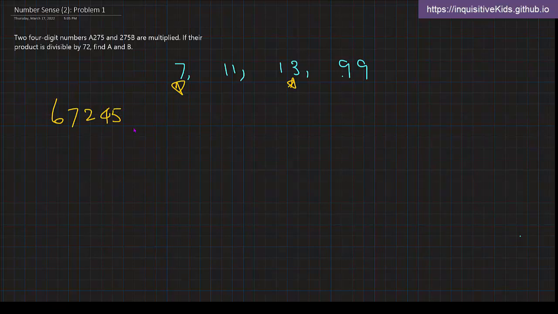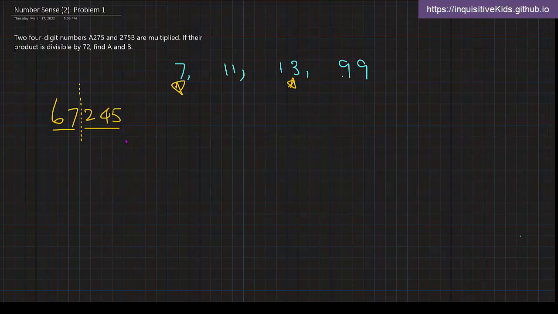What we would do is take the final 3 digits of that number and split it into 2 sections. Now we have the number 67 on one side and 245 on the other side.